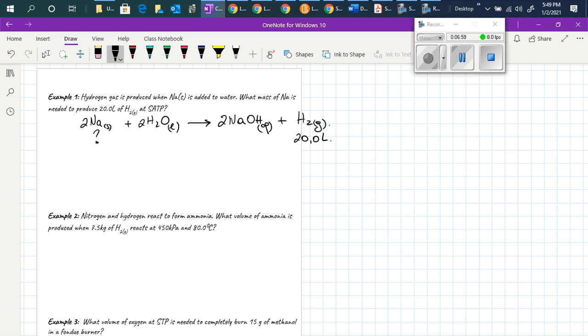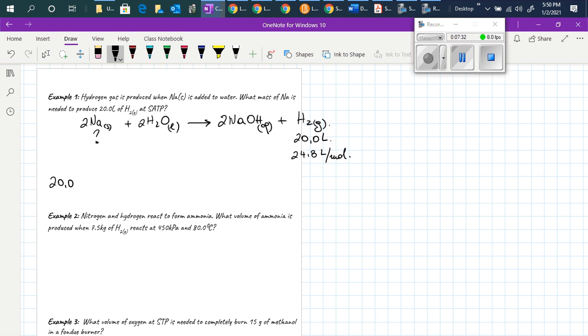Now here we will write along with molar mass, which we may need or not, depending on the question, the molar volume. So since we are dealing with the SATP conditions, the molar volume of hydrogen is 24.8 liters per mole.